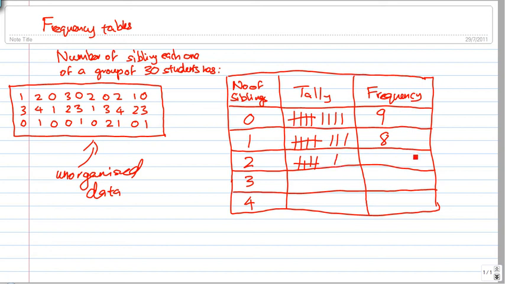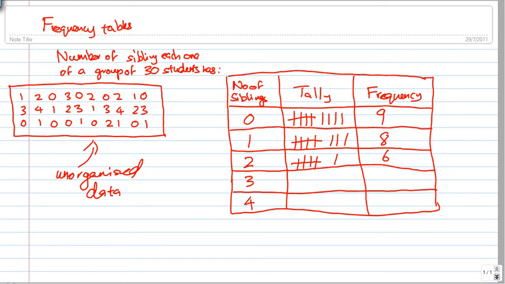So the number of students that have got 2 siblings each is 6, as we can see from here. Not very neat here of me. Let me just erase this.